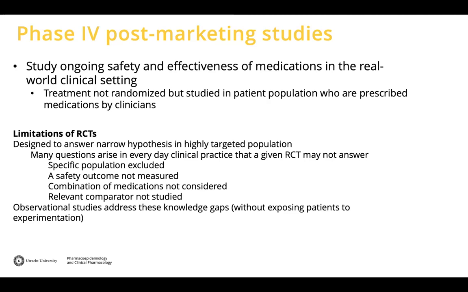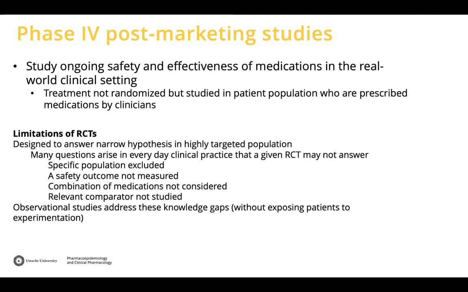on the market. Also, combinations of medications typically aren't looked at in RCTs, and different comparators aren't always studied. So observational studies or phase 4 post-marketing studies address these knowledge gaps without exposing patients to additional experimentation like you do in RCTs, because in these studies we use pre-existing data that's collected from, for example, electronic medical records.